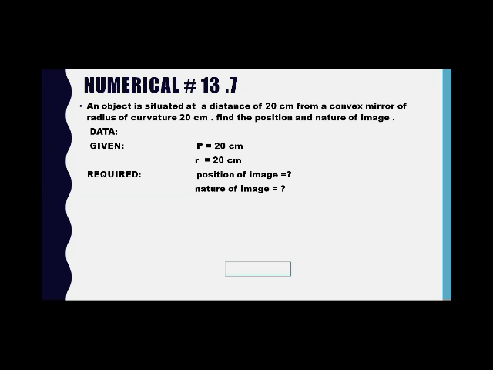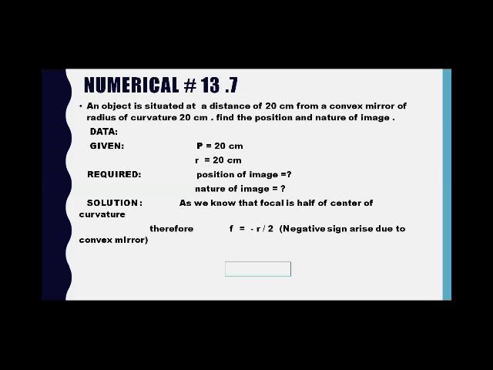So here, which formula will we use? Before finding the position of image, or we can say small q, first we have to find the focal length, and focal length can be found with the help of half of the radius of curvature.